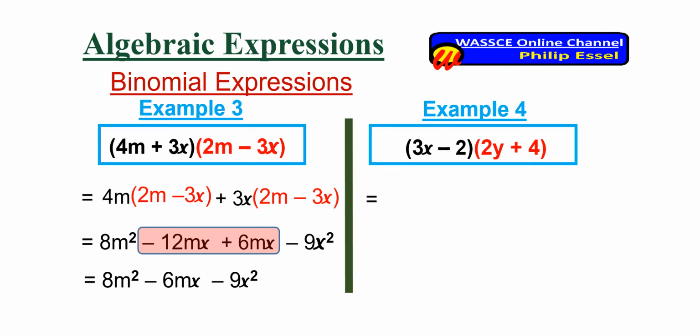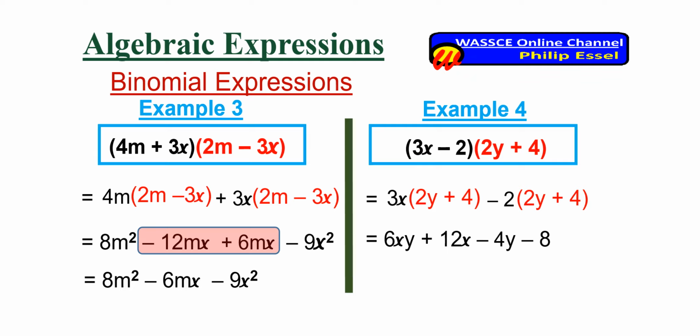So as usual, we would multiply 3x by the whole of the binomial expression 2y plus 4. Then we would also multiply negative 2 by the whole of the binomial expression 2y plus 4.